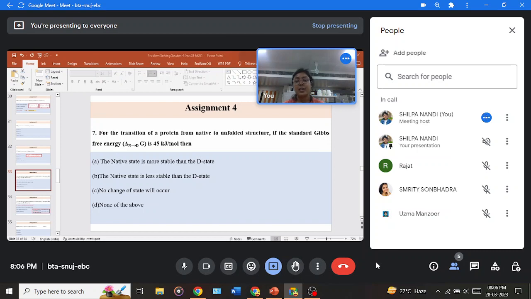Option B is the native state is less stable than the D state. Option C is no change of state will occur, or option D is none of the above.